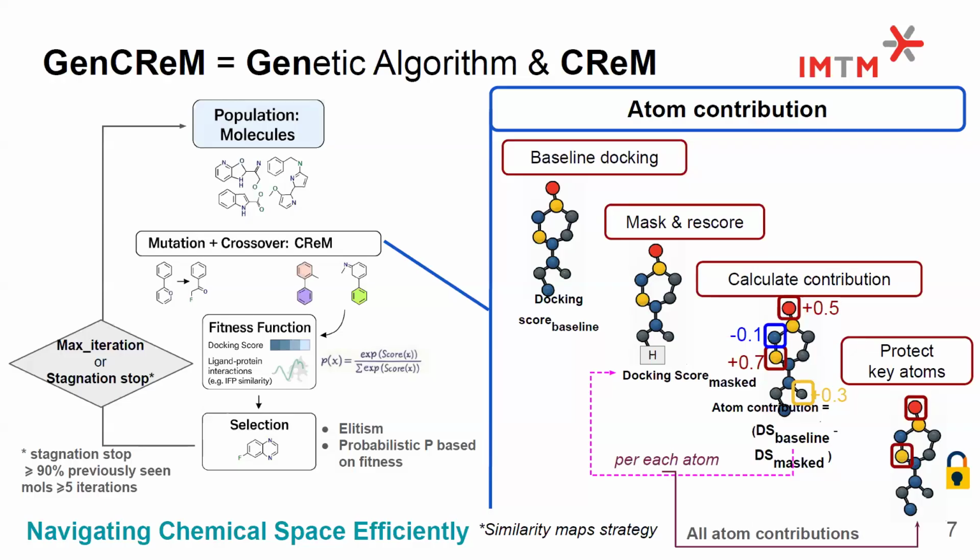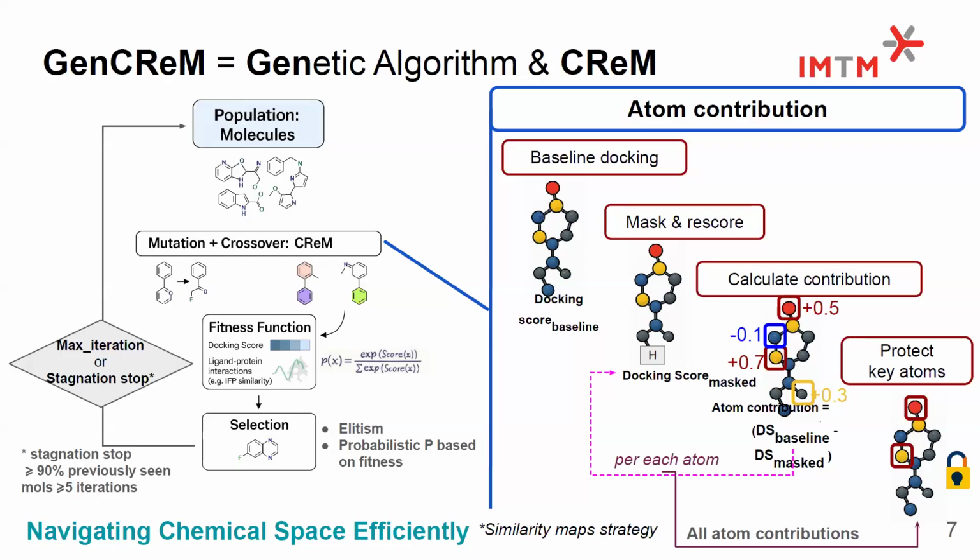So how are we doing it? It's on the right side of the slide, and it's done for each molecule. First of all, we run a regular docking procedure, so we have our docking score baseline.